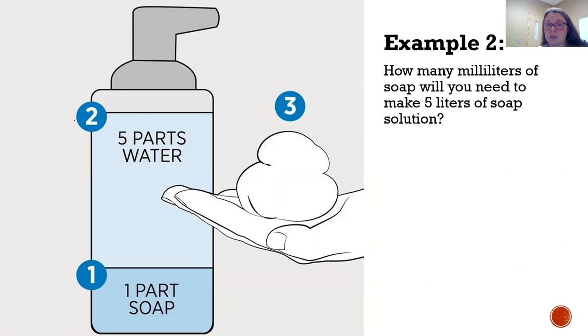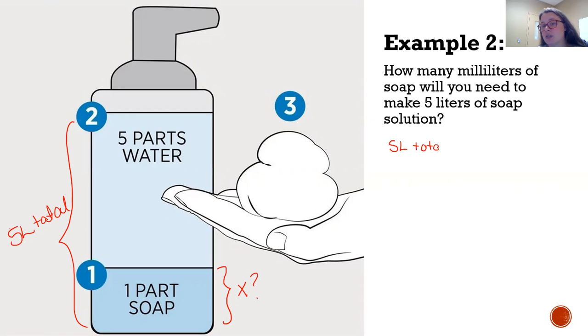So I want to make 5 liters total. And I want to know, okay, if it's 5 liters total, how much is the soap? So let's list our pieces. So I have 5 liters total, and I have X mils of soap.